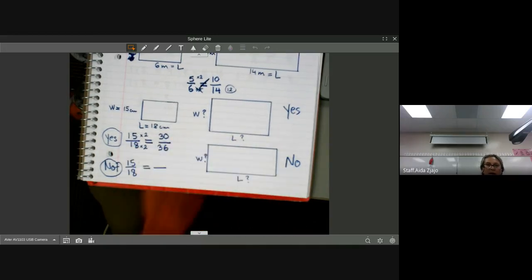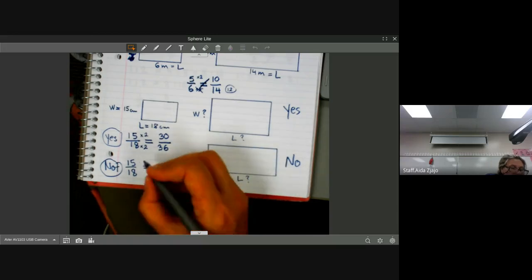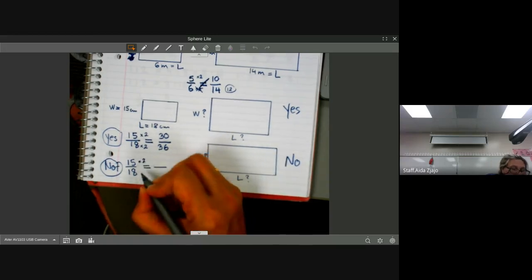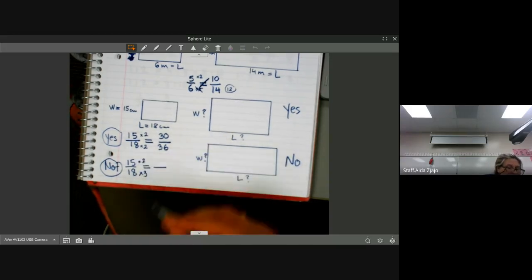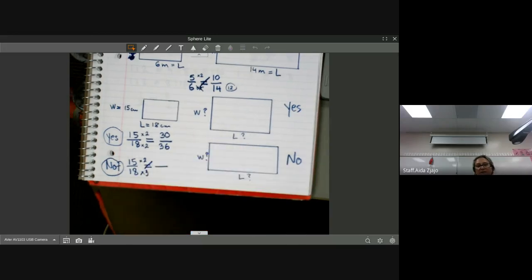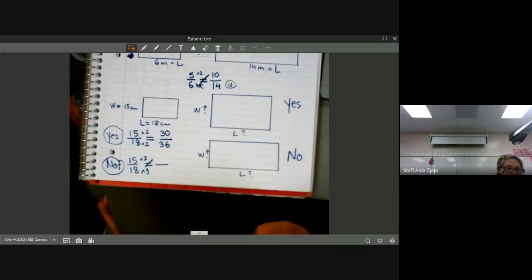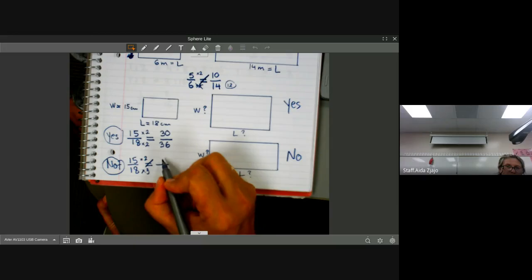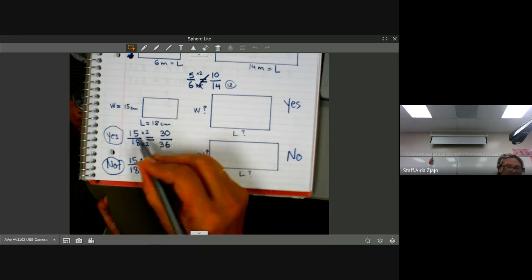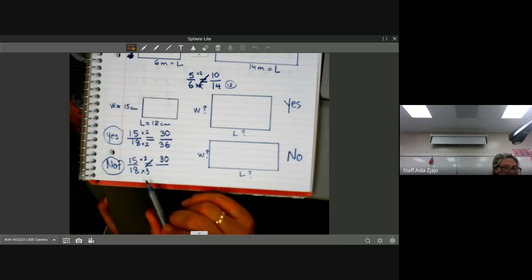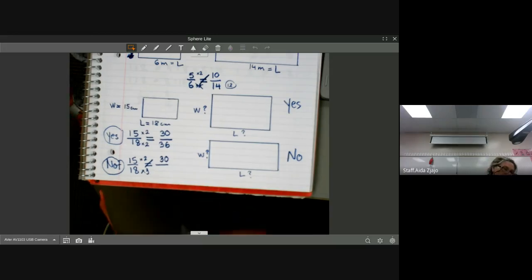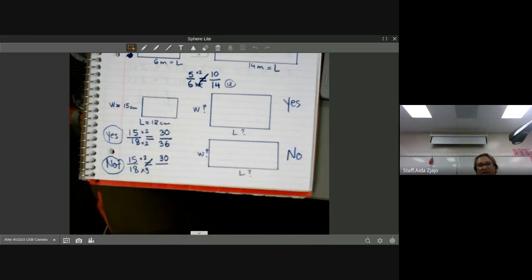Correct. Okay, let's make a smaller number. So if I do this by 2 and this by 3, can you help me get the values? So 15 times 2 equals what? 30. But what is 3 times 18? What is 3 times 18?